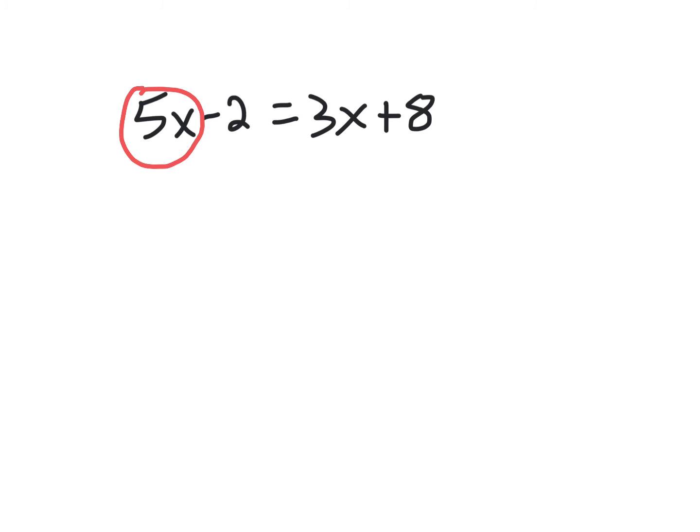So we have a 5x, and we have a -2, and we have a 3x, and we have a +8, okay? Well, if we want to get these together on the same side, anytime you move a term to the other side, you just change the sign of it.